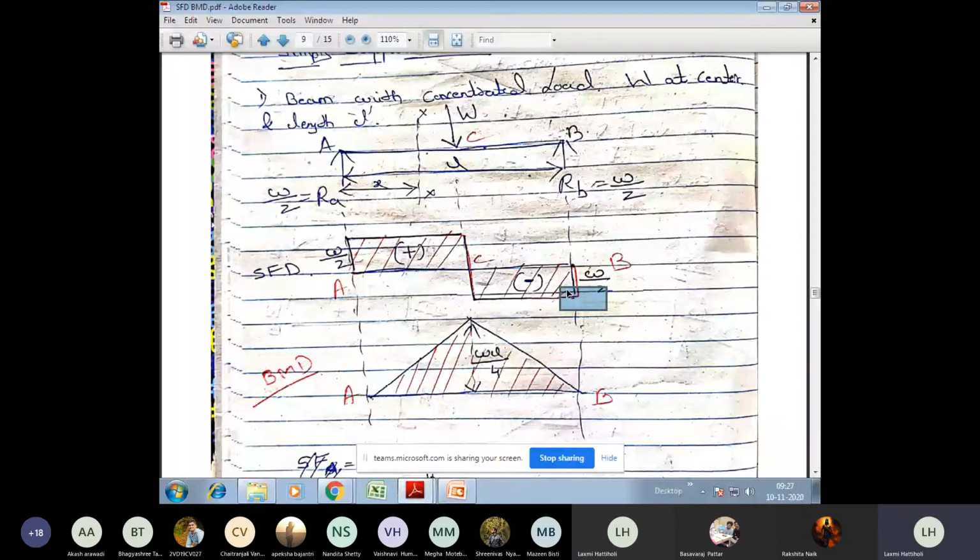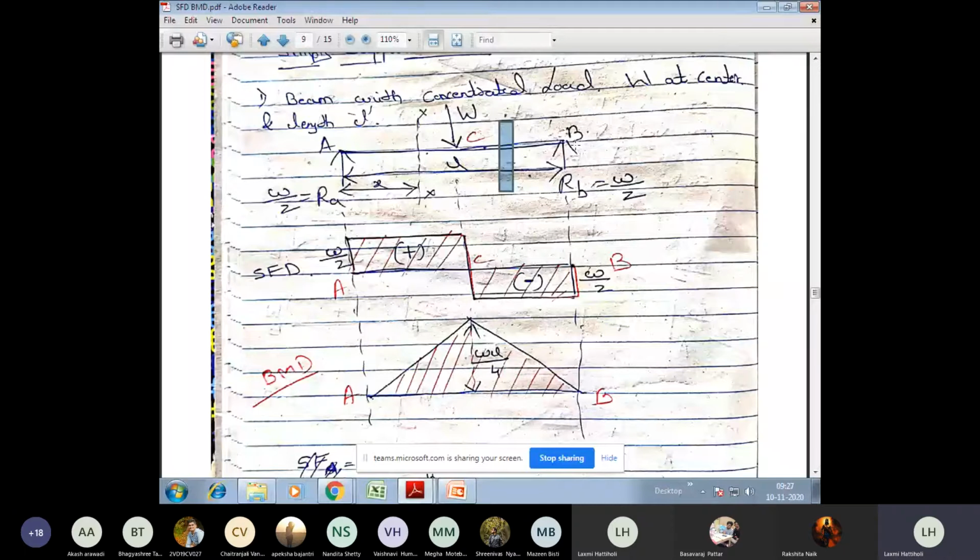And one more thing, just imagine if you are coming from the right side, then I would have taken a section here. Now observe carefully, after taking a section here, how many forces do you have to the right side of my section? You have only one force. What is that force?